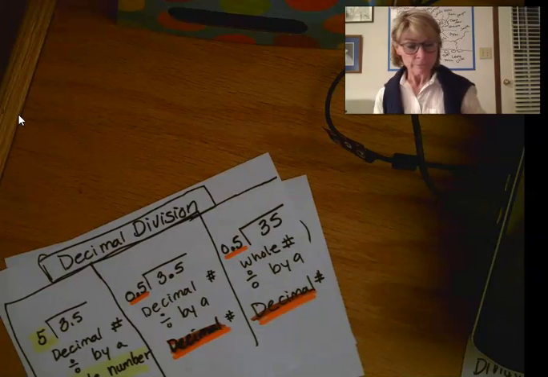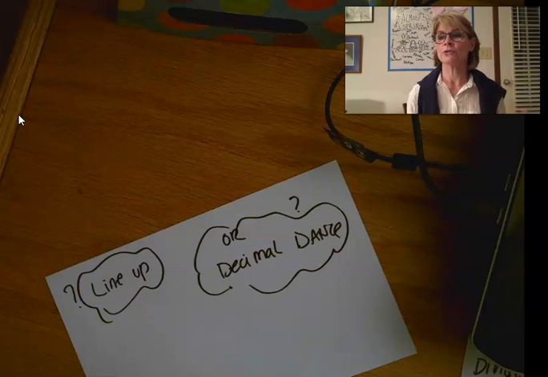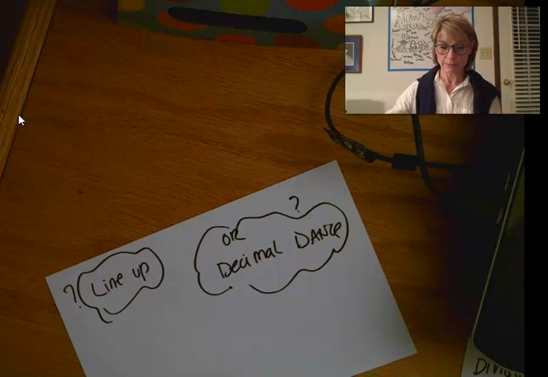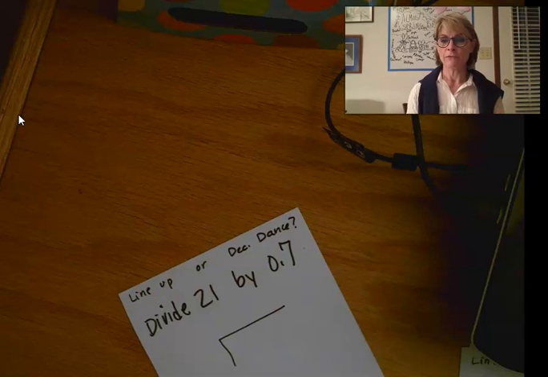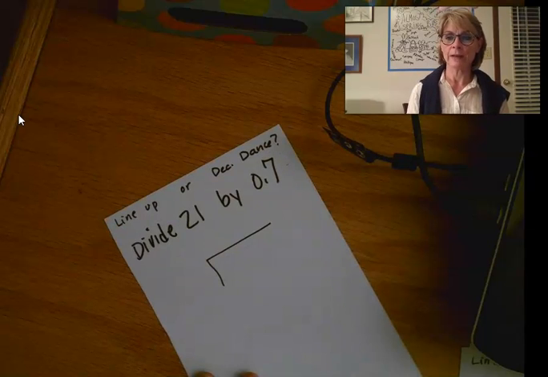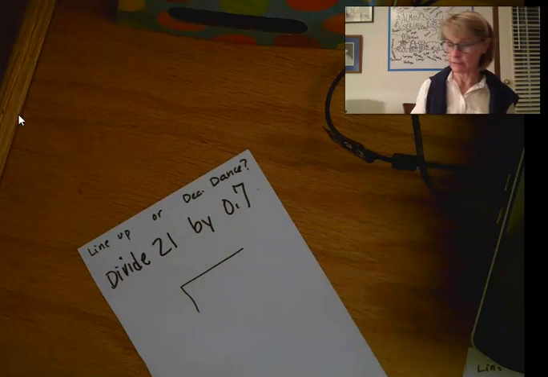All right, so let's try a couple of these and decide, are we going to have to use the strategy to line up the decimals, or are we going to have to do a decimal dance? Let's start with this problem. If you have your paper, go ahead and write down: we're going to divide 21 by 7/10.